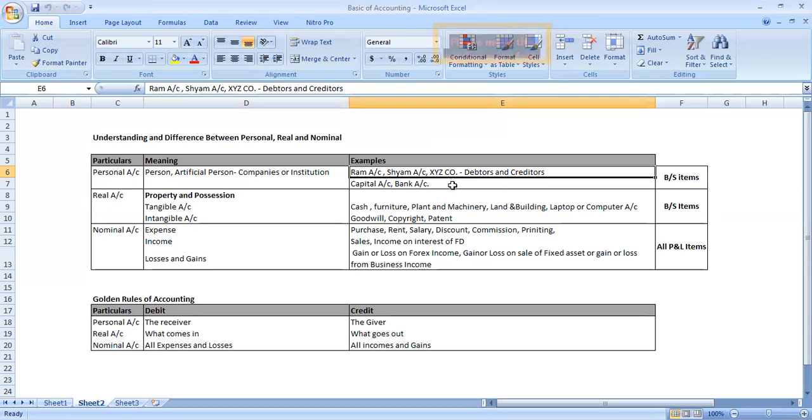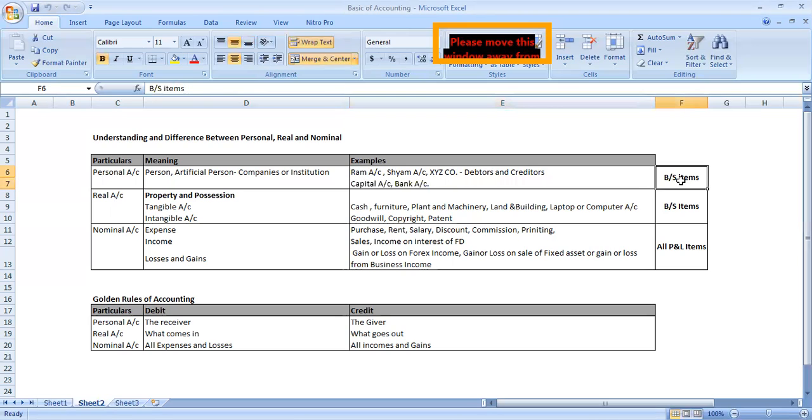Examples, XYZ company, ABC company, all these will come under debtors and creditors. Bank account and capital accounts are further examples of personal accounts. All the items in the personal accounts relate to the balance sheet items, which can be either on the asset side or on the liability side.